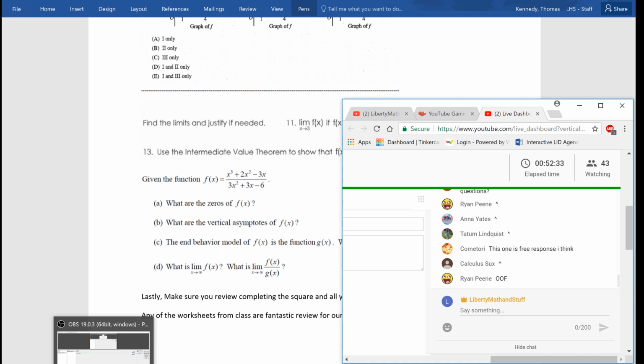I have a section for each one of them, and maybe each one of those algebra sections is like a half quiz section in length, if you want to approximate those. And then the limits, it's kind of heavy on the limits comparatively. So there's a whole bunch of limits at infinity and 0 and at numbers where you have to cross out holes or piecewise or finding asymptotes or any of those sort of things.